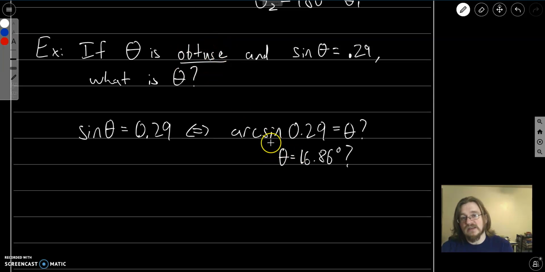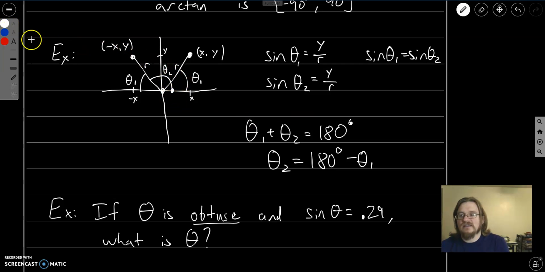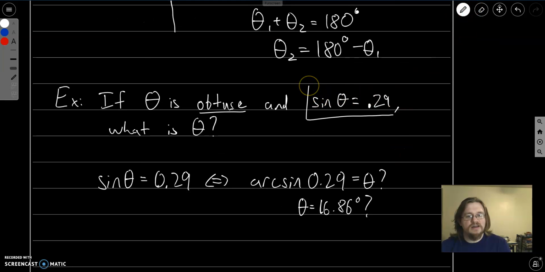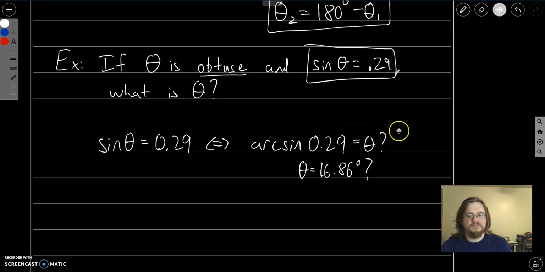It should be between 90 degrees and 180 degrees. So we're up here in this situation. We have this theta 1 in here, but we don't want theta 1 because it's an acute angle. We want theta 2. They both have the same value for the sine function. So we find the obtuse angle by taking 180 degrees minus that.